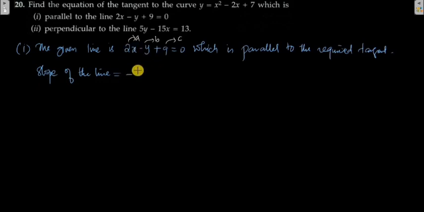Now what is the value of a? a is 2, b is minus 1. So this turns out to be exactly 2. If the slope of the line is this much, now what we need to do is find the point through which the tangent is passing. We know the slope of the tangent now. Let me call the slope m. So the slope of the tangent will also be equal to 2.